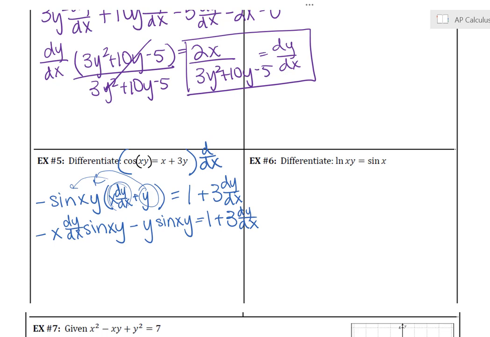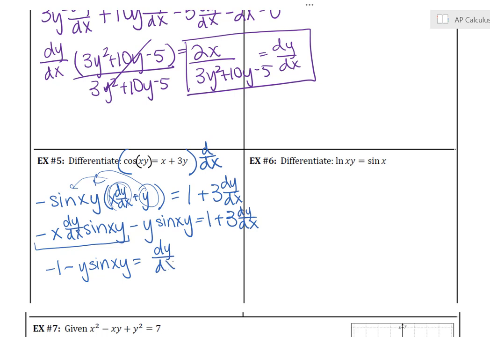Now this is tricky because before we've had my dy over dx's on one side, so I'm going to do a little bit of manipulating here to get them over to one side. Let's move this term so we can keep everything as positive as possible. So on my left-hand side of the equation, I'm going to have negative 1 minus y sine of xy equals. I'm moving the 1 to the left-hand side. I'm moving this term negative x dy over dx sine of xy over to the right, and I'm also going to factor out a dy over dx at the same time.